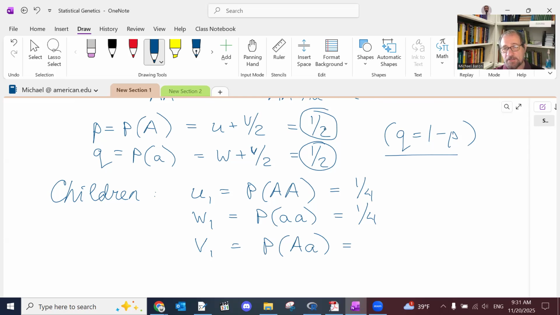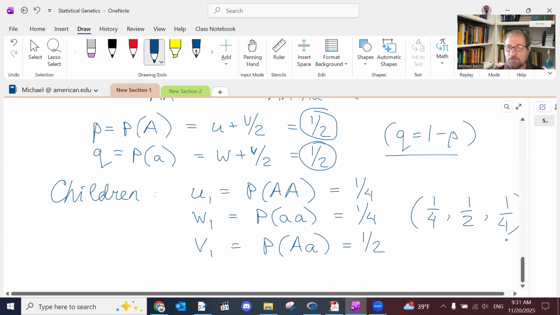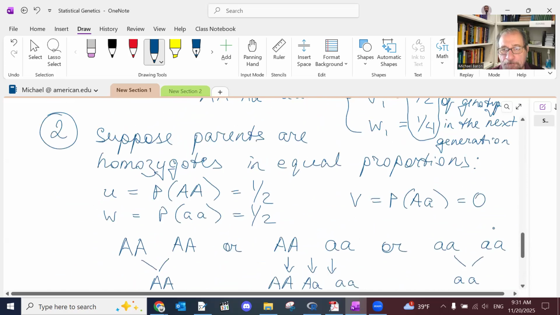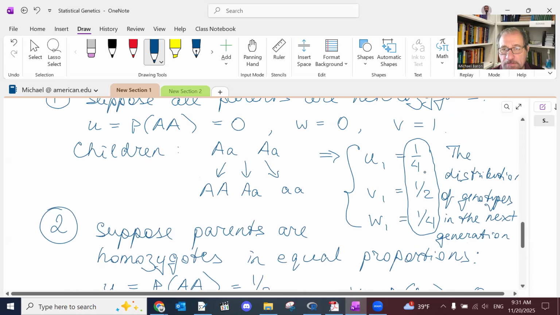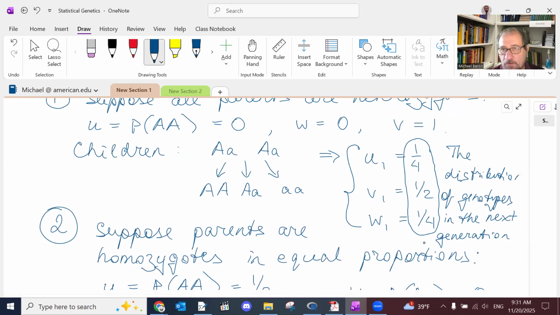Mother donates recessive or dominant, and then father donates the other allele. So probability 1/2. The distribution is 1/4 for the dominant homozygote, 1/2 for the heterozygote, 1/4 for the recessive homozygote. 1/4, 1/2, 1/4. Same as it was here. Interesting?